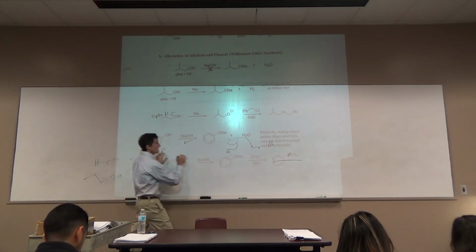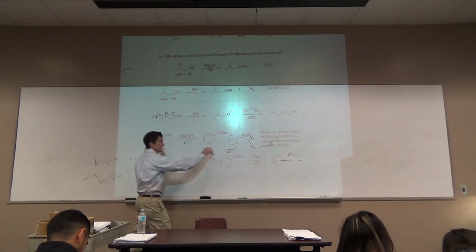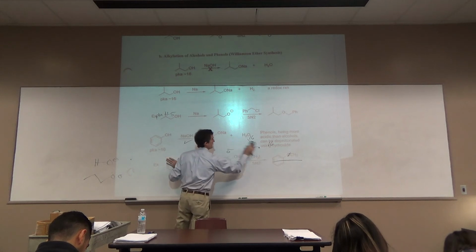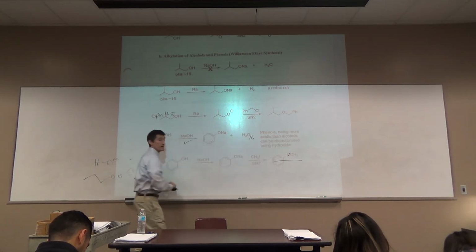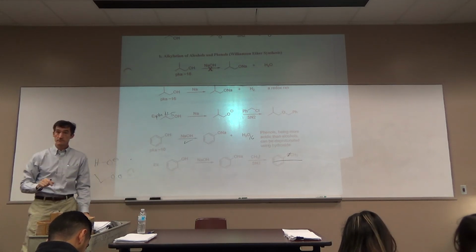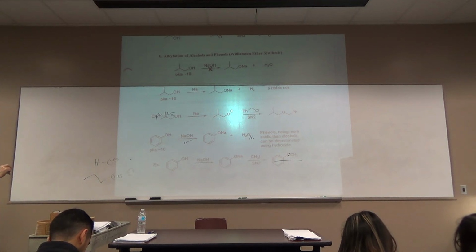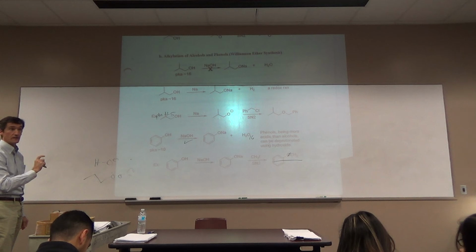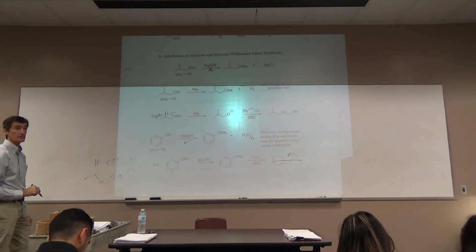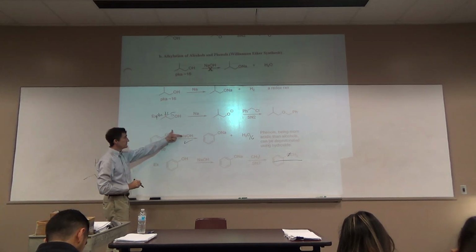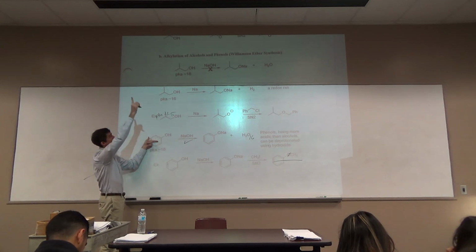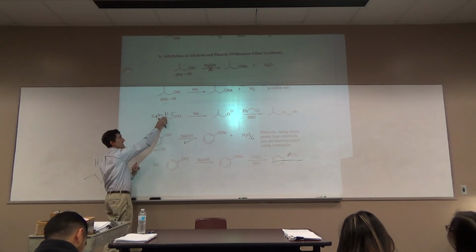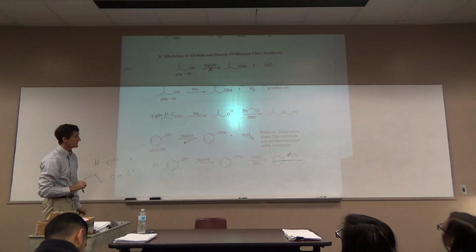Plus water. 10, water 16. Which side's favored? 16 is favored by how much? 10 to the 6. We have at least a 2 or 3 log difference. This reaction will work. You can use hydroxide for phenols and carboxylic acids, just not for regular alcohols.